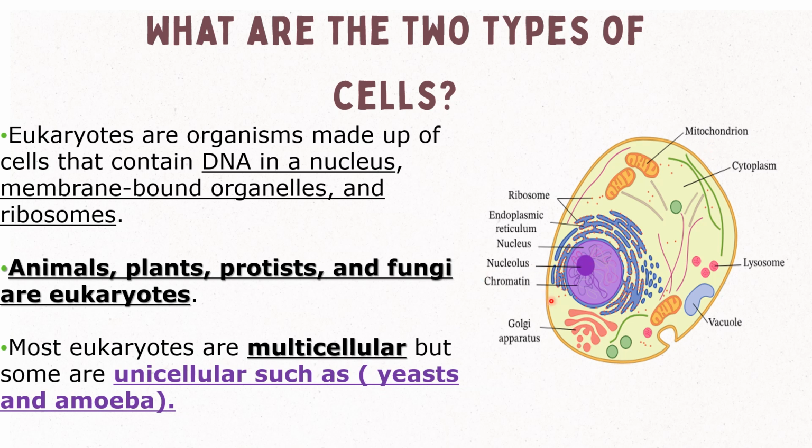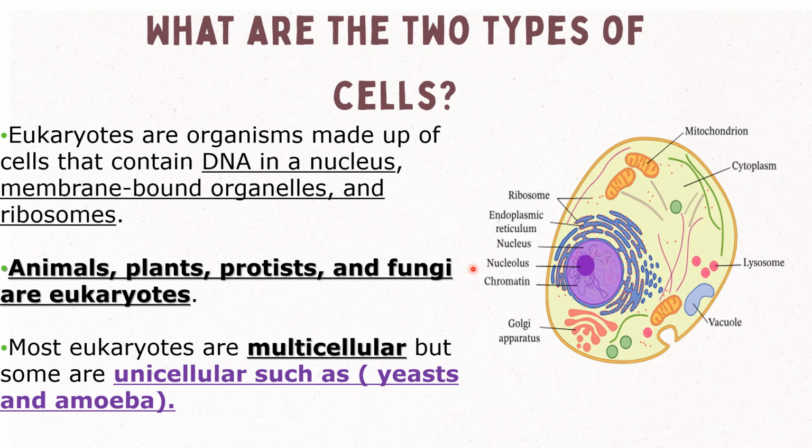Some examples are animals, plants, protists, and fungi. All of those are eukaryotes.